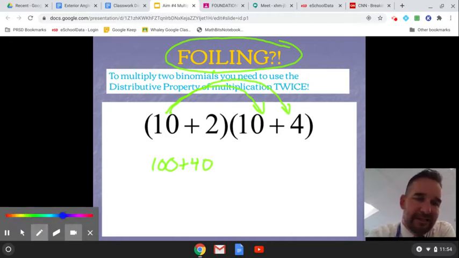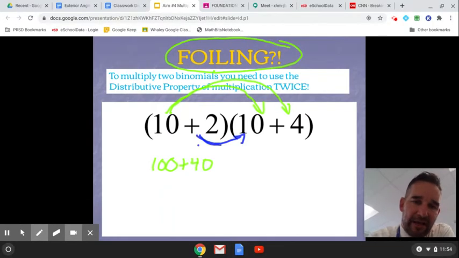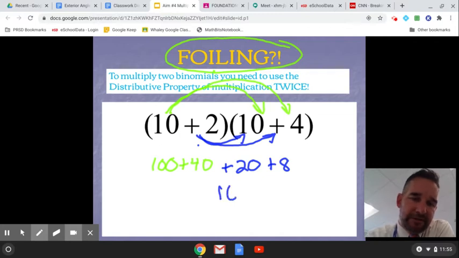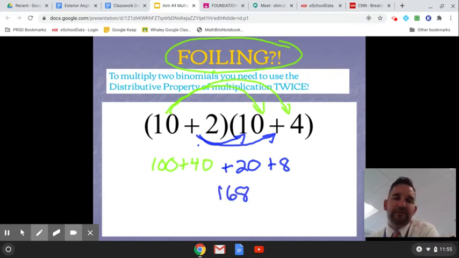We are now going to take the 2 and distribute it to the 10 and the 4 as well. 2 times 10 is 20. 2 times 4 is 8. And then I just add those up. 100 plus 40 is 140, plus 20 is 160, plus 8 is 168. So 12 times 14 is 168. And I call that double distribution, distributing twice.